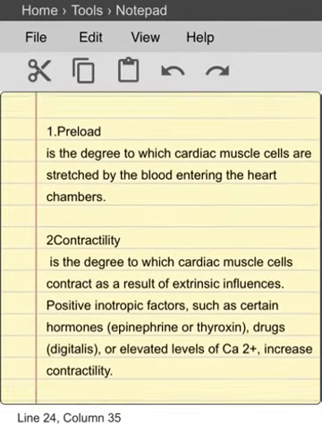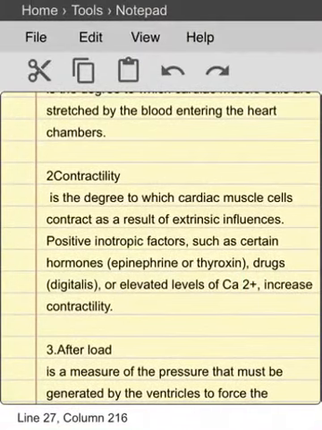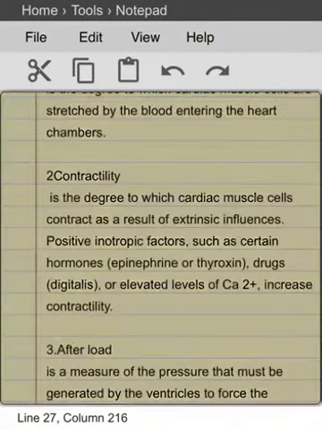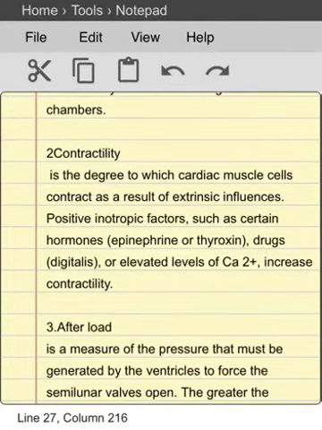That is preload. Second is contractility. Contractility means the degree to which cardiac muscle cells can contract. See the difference, stretch and contract. Both words have different meanings. Contractility means how much the cells can contract.